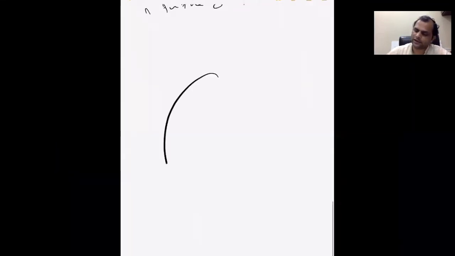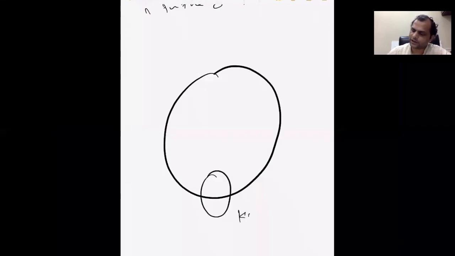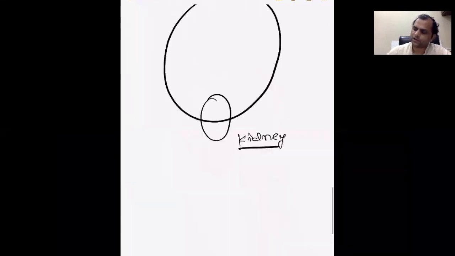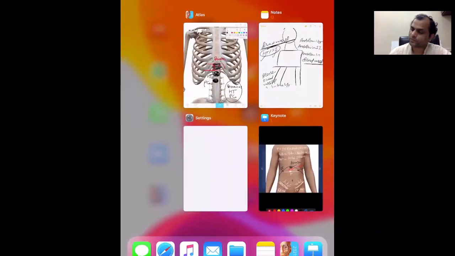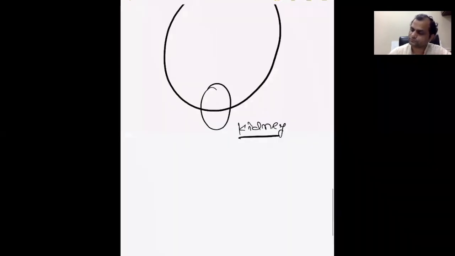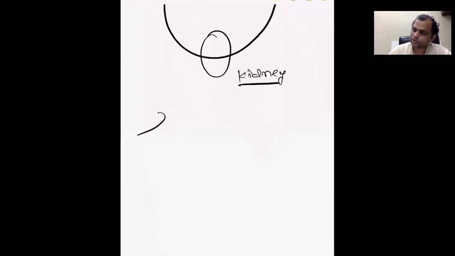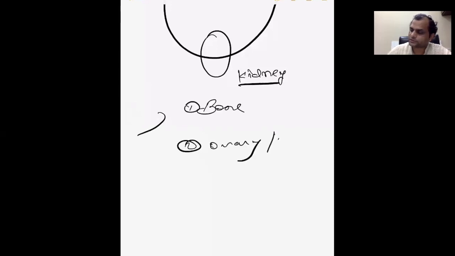As per the 5-element language, whenever we talk about the kidney, the meaning of kidney is number 1, bones, and number 2, reproductive parts like ovary and uterus in the female and testes and prostate in the male. This comes under the kidney.